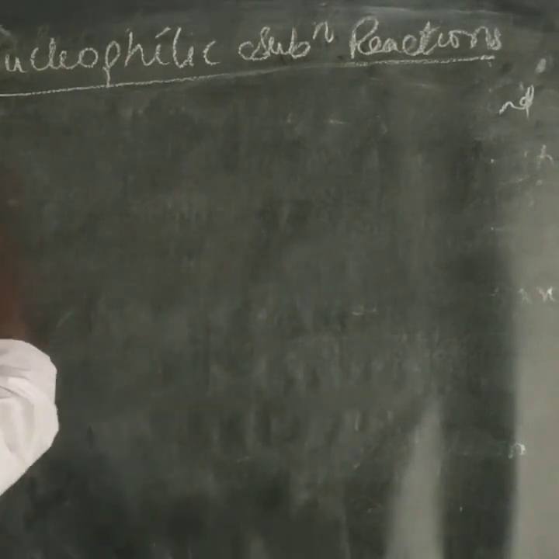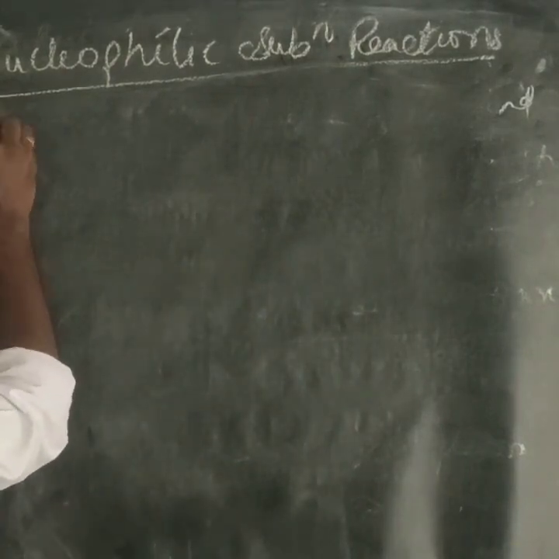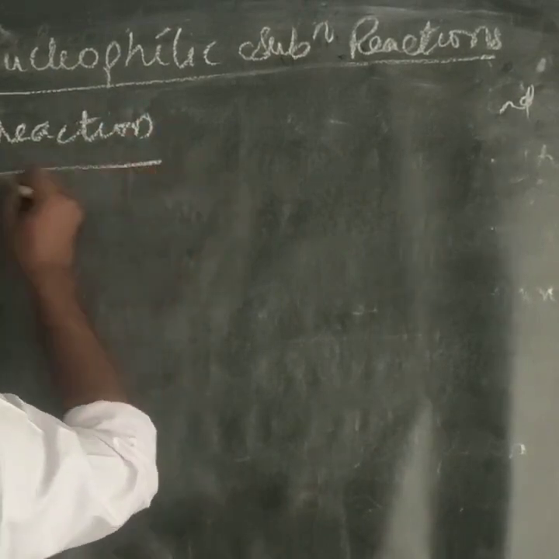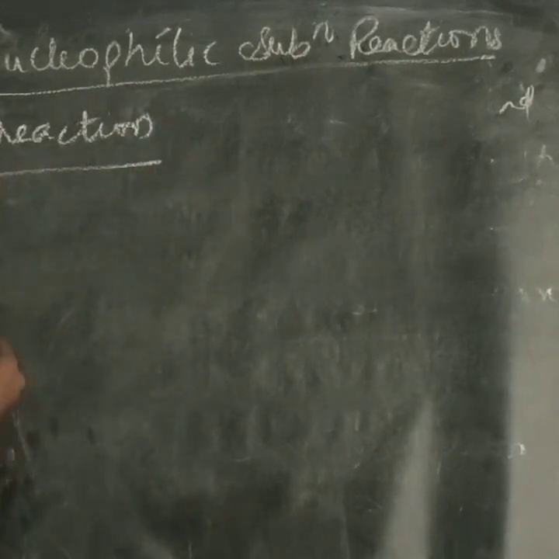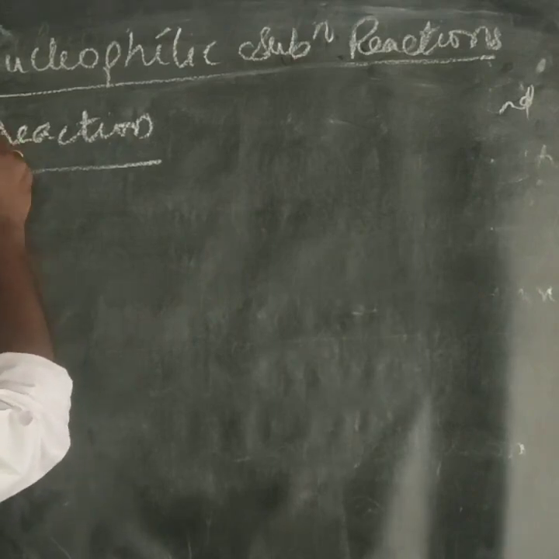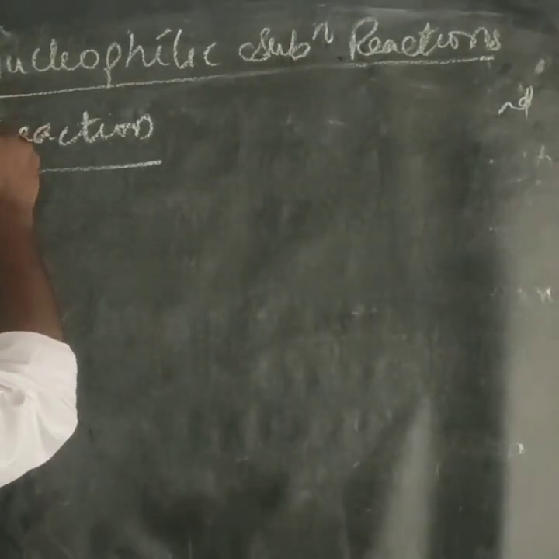So what is the SN1 reaction? Here SN means substitution nucleophile: S is called substitution, N is called nucleophile. The 1 describes unimolecular.